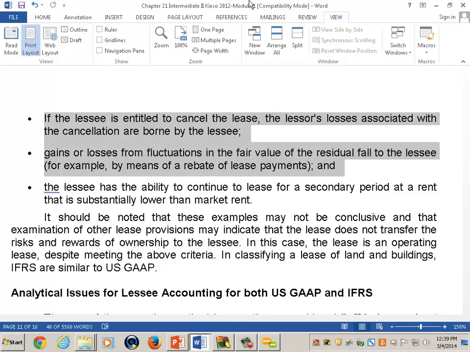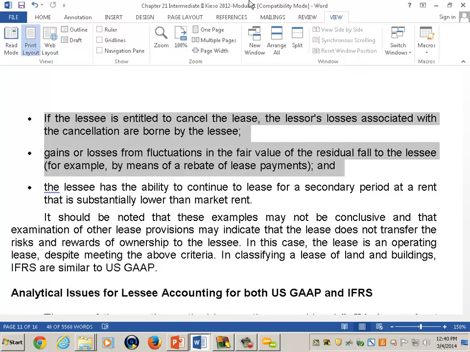But the asset is still on the balance sheet no matter what. And the liability is going to still be on the balance sheet. So it's going to be interesting. I want to see how far they get with this one. As I said, they met on January 23rd, and the meeting basically said they're going to consider this latest version. What they do with it is going to depend on the next meeting.